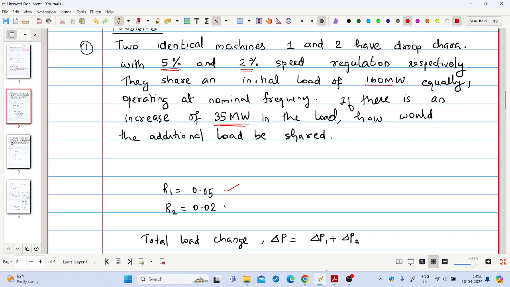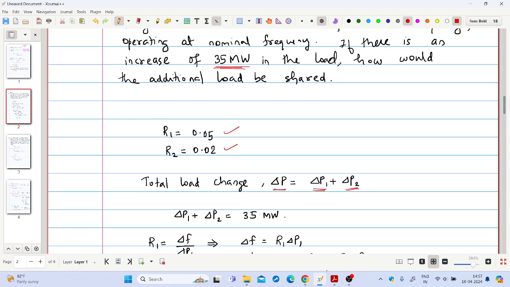R2 is 2%, 0.02. Now the total load change is delta P, that is equal to load change taken up by machine 1 plus load change taken up by machine 2, delta P1 plus delta P2, and it is given that total load change is 35 megawatt. So delta P1 plus delta P2 is 35 megawatt.